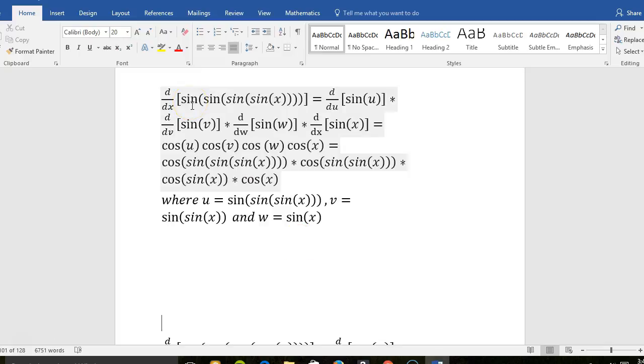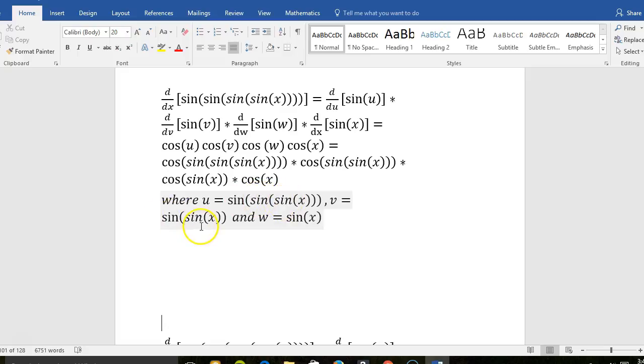And guys, notice something else. The original function that we're taking the derivative of in the first place has 4 iterations, aka 4 sine compositions, each one inside the other. So there's 1, 2, 3, 4 here. Then there'll be 1, 2, 3 in u.